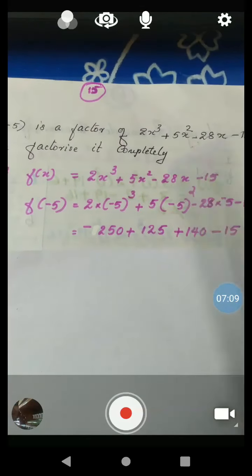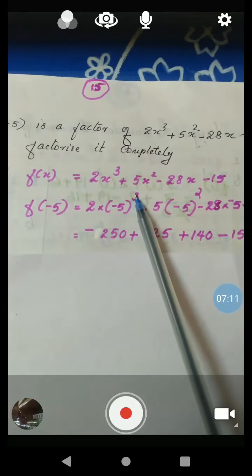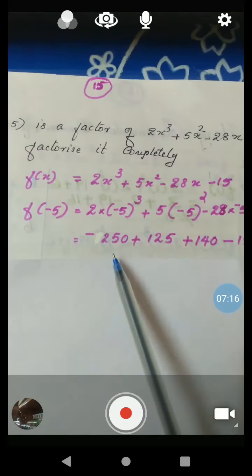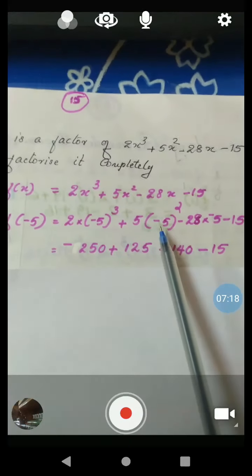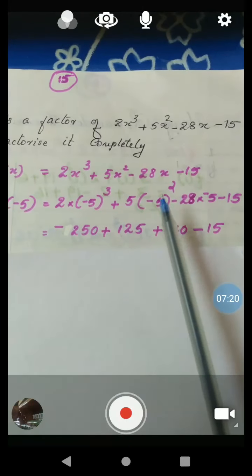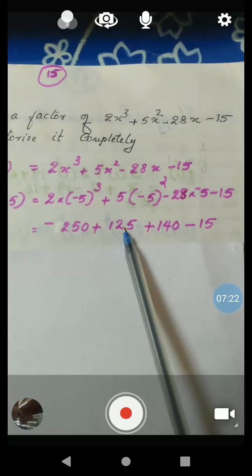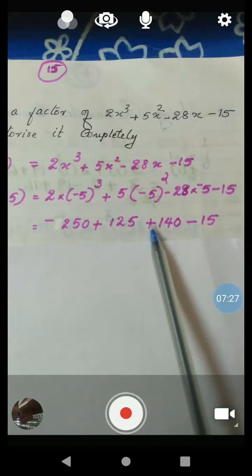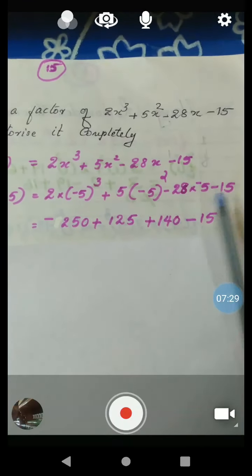That is, minus 5 the whole cube is minus 125. Minus 125 into 2, minus 250. Here, minus 5 the whole square is 25. 25 into 5, 125. Minus of 28 into minus 5, that is plus 140, minus 15.